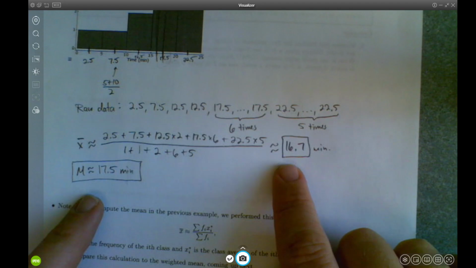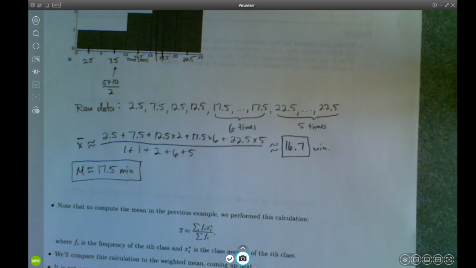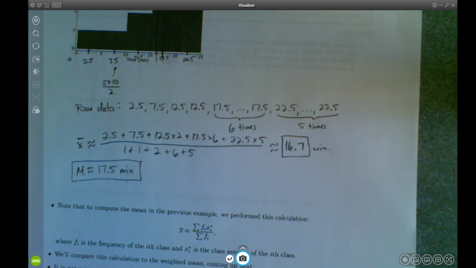So these are my best guesses for the mean and the median, but they're most likely pretty close to the actual mean and median.